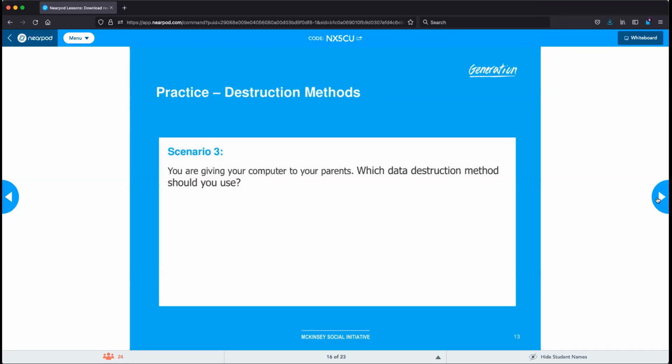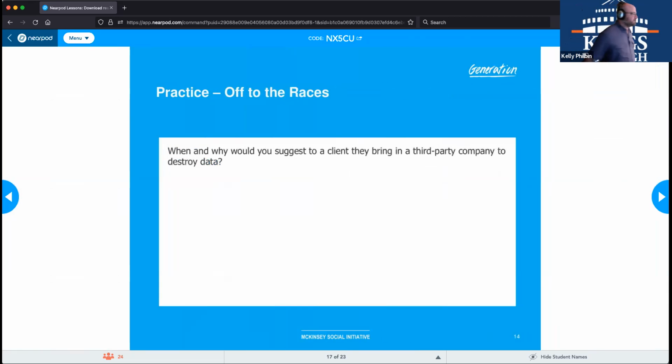I know my parents aren't going to do anything against me with my data. Yeah, and even so, a quick format would probably be fine too. So like a regular or a quick format. You have a high level of trust. You're not anticipating they're going to try to steal your data. Excellent.